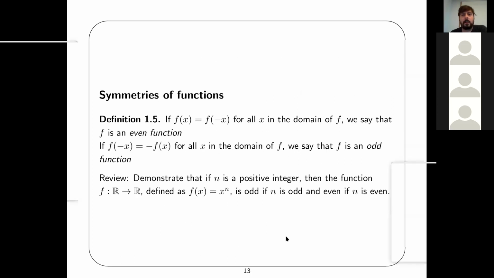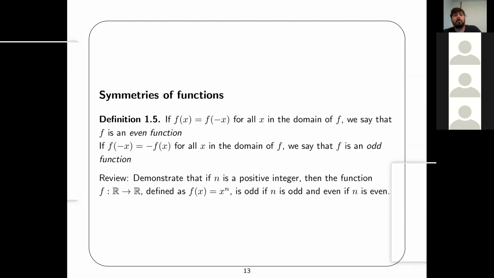Okay, there are some concepts regarding symmetries. We can talk about different kinds of symmetries of functions, but the easiest ones are symmetries around the origin, or symmetries around zero. So what we call an even function is a function such that f of x is equal to f of minus x.